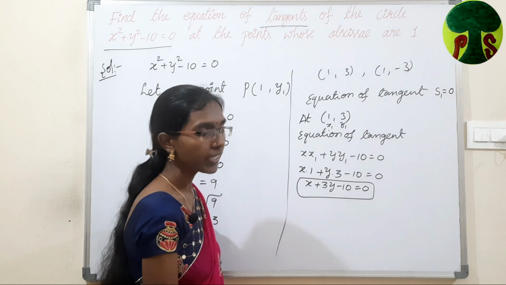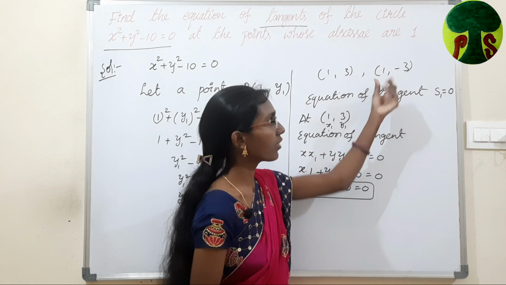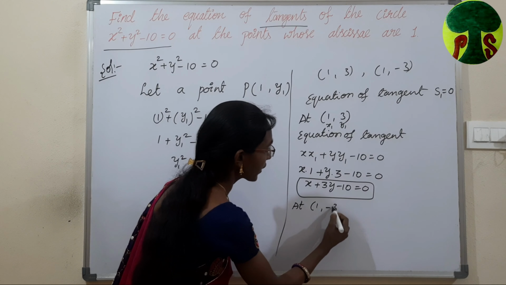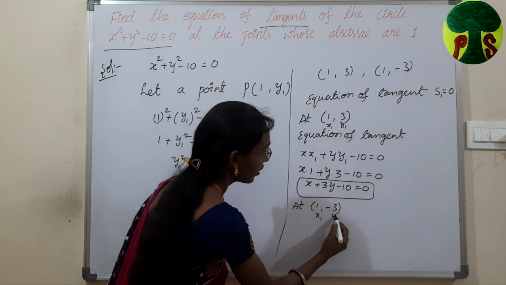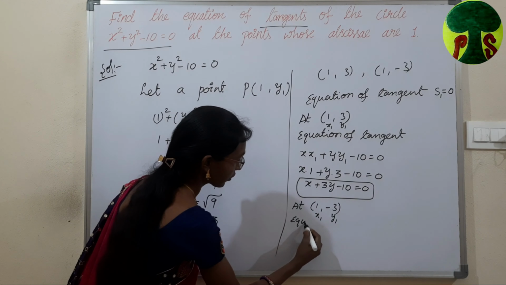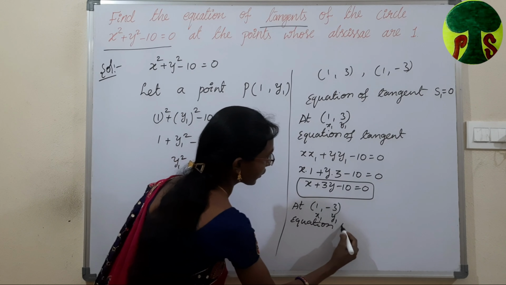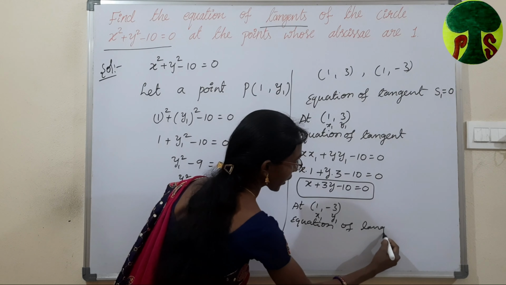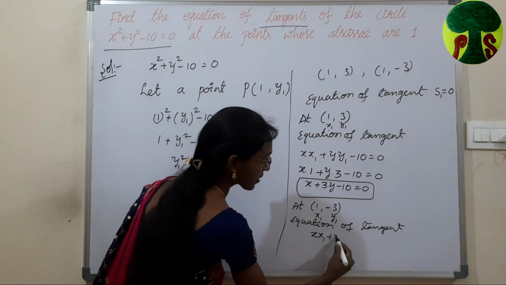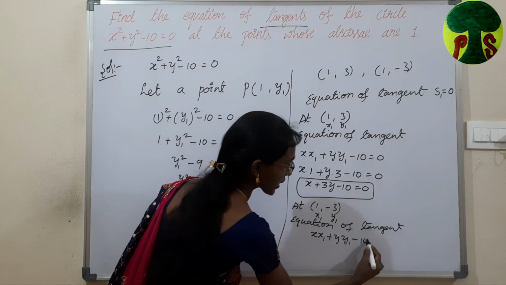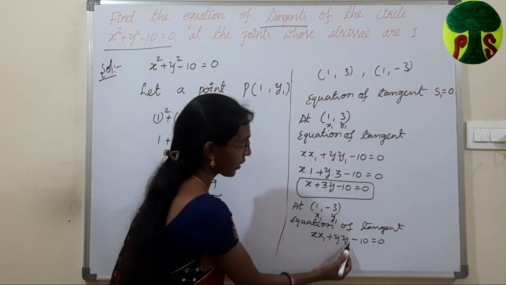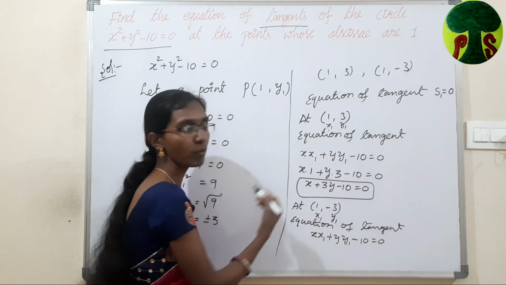Now we have to find the equation of the tangent at point (1, minus 3). Here the x1 value is 1 and the y1 value is minus 3. Equation of tangent is S1 equals 0, that is x x1 plus y y1 minus 10 equals 0. Here also we need to substitute the values of x1 and y1, which are 1 and minus 3.